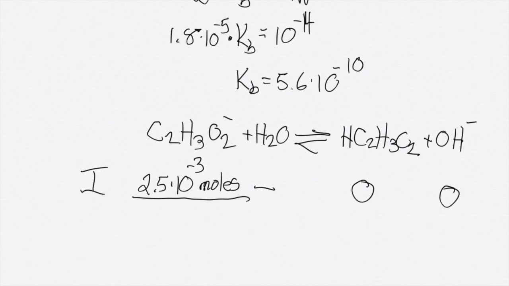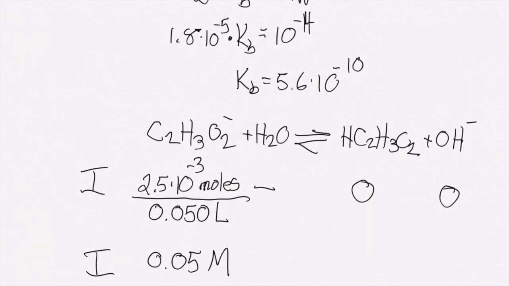So I'm going to take this number of moles and divide it by 50 milliliters, or 0.05 liters. So here we go. Let's figure out what that molarity is. 2.5 times 10 to the minus third divided by 0.05. That gives me an initial concentration of 0.05 molar.